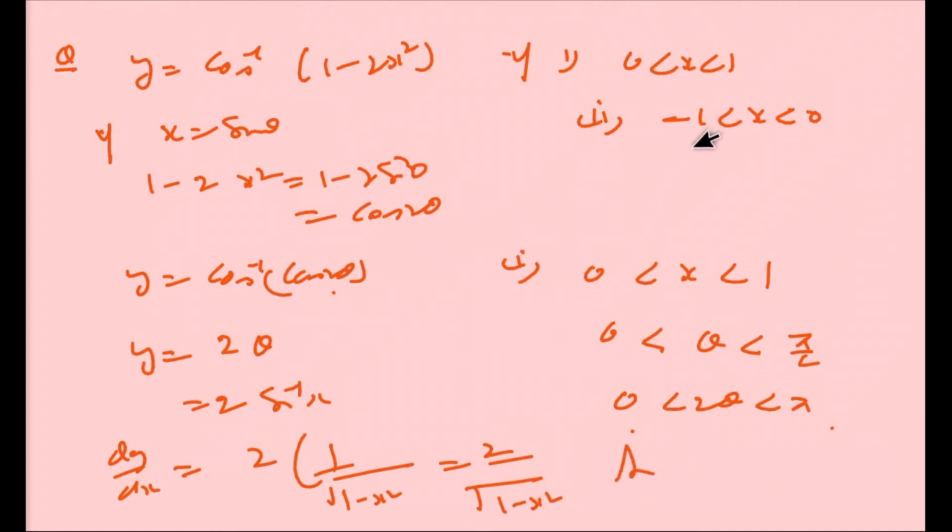Okay. Now for second condition, minus 1 less than x less than 0, what do we have to do? y equal to cos inverse cos 2 theta. Now second condition is minus 1 less than x less than 0. So in this part we can say minus pi by 2 less than theta less than 0.